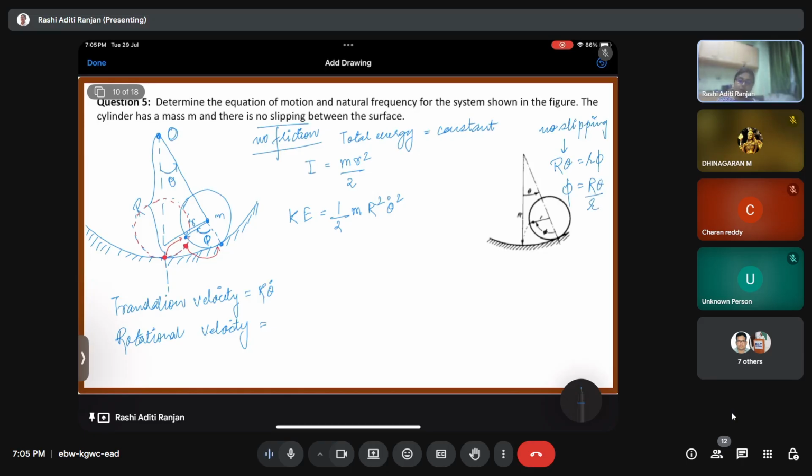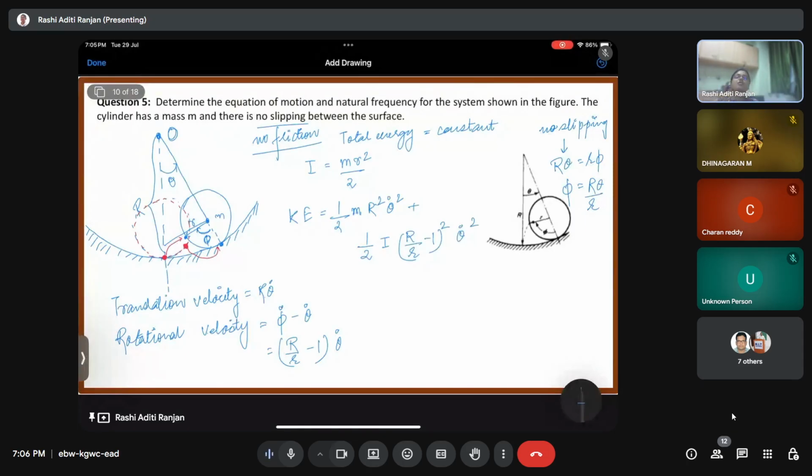The rotational velocity is going to be relative, so we have phi dot minus theta dot. Using the no slipping condition, this is capital R minus small r divided by small r, that is, capital R by small r minus 1, into theta dot. So from this, I can get my total kinetic energy, plus half I times that square, theta dot square. I hope this is clear.